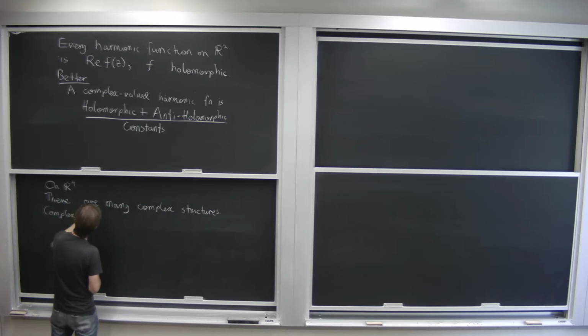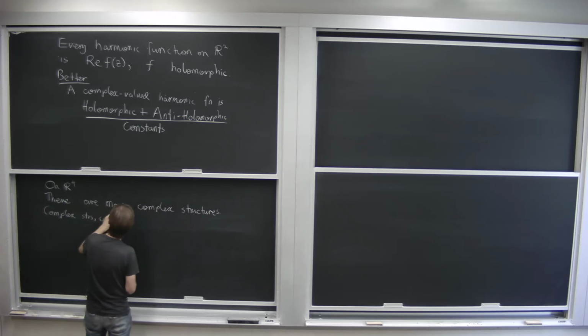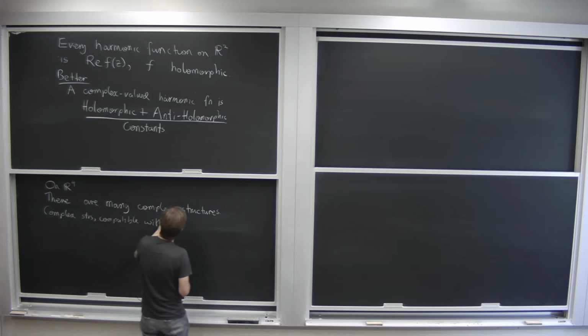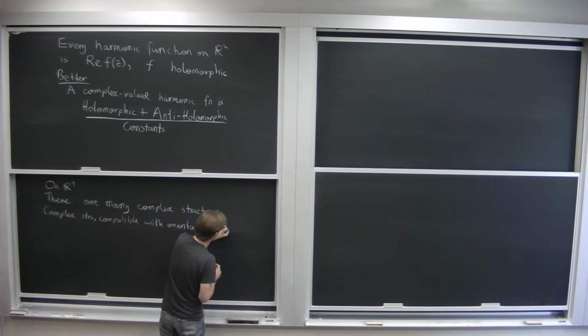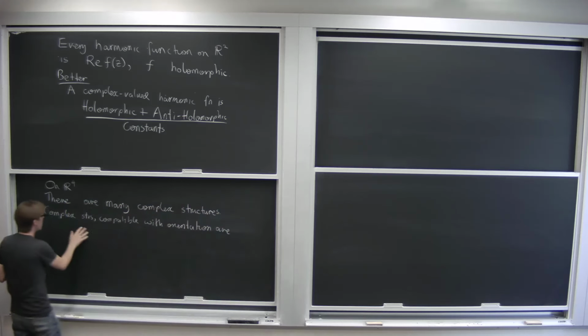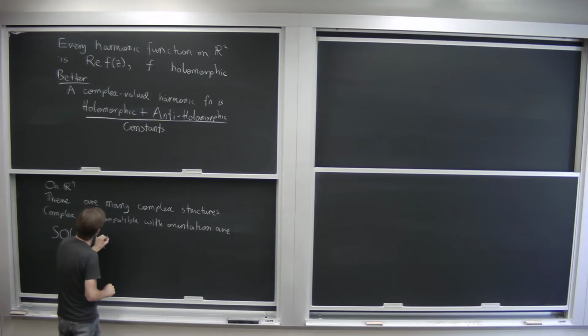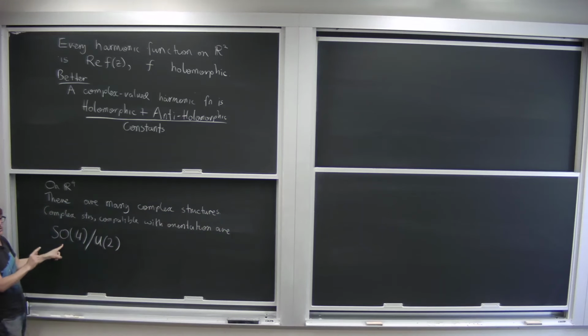The complex structures which are compatible with orientation, of course, form this quotient, SO4 mod U2. Any complex structure can be moved to some standard one by some matrix in SO4, and the symmetries of the standard complex structure is U2. So it's this homogeneous space.